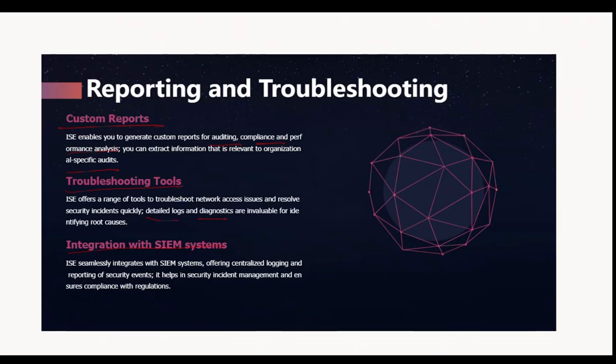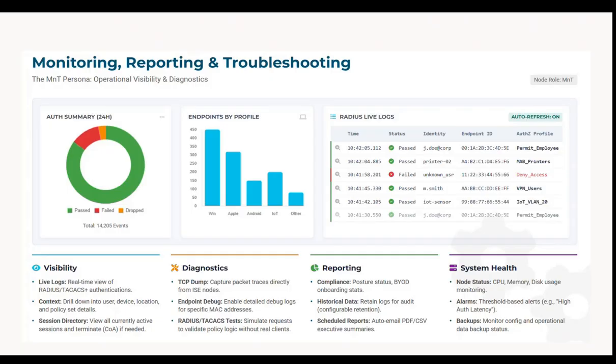Integration with SIEM systems. So ICE can seamlessly integrate with SIEM systems to offer centralized logging and reporting of security events and helps in security incident management and ensures compliance with regulations. This is the monitoring, reporting, and troubleshooting dashboard. So you can see the summary of authentication, how many authentications passed, failed, dropped, all events here.